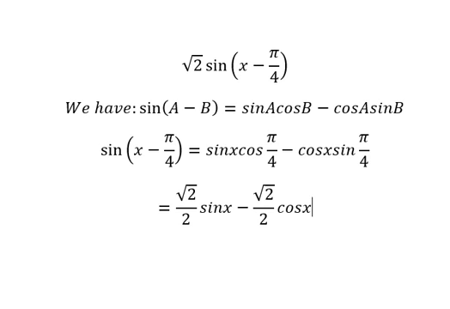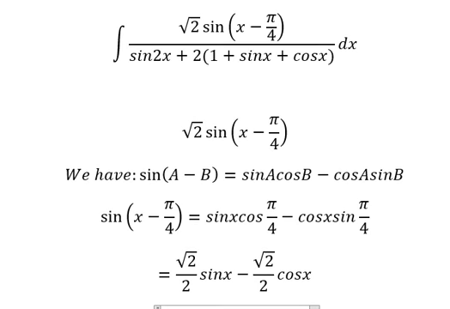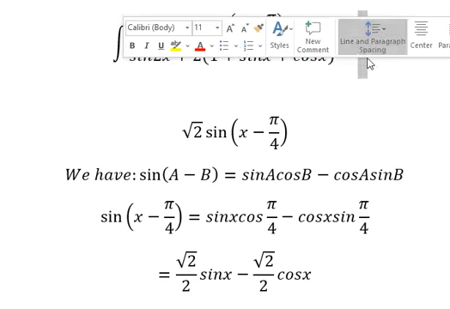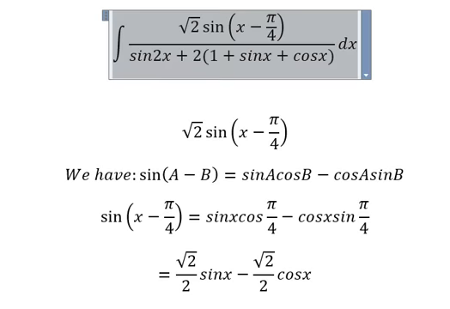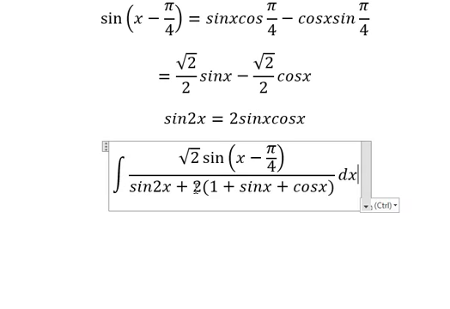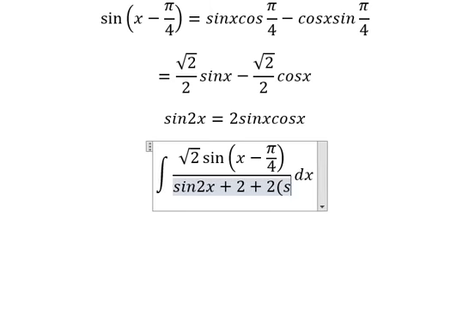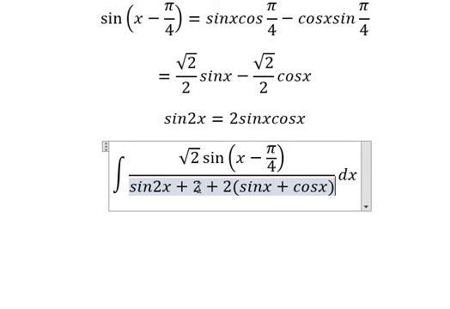Now let's go to the next one. We know that sin 2x is 2 sine x cosine x, and we go back to this way in here. So number 2 multiplied by sine x cosine x.